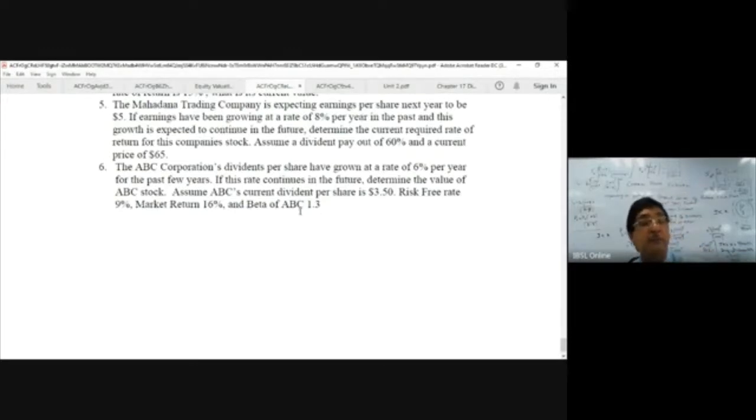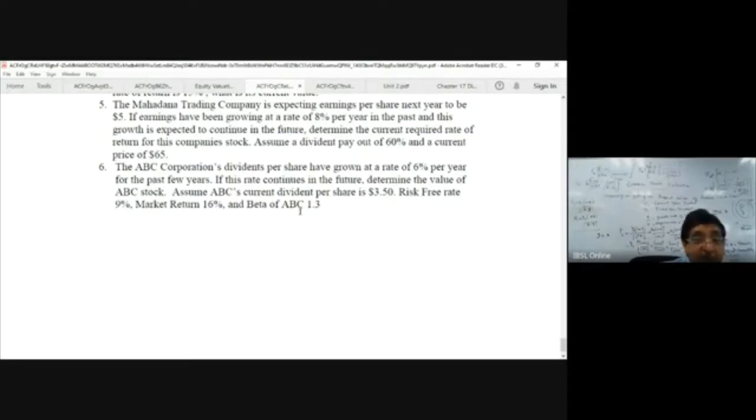Right. Now, how are we going to deal with this question? In order to calculate the stock price using the one-stage dividend model, what do you need? You need the current year's dividend, you need the dividend growth rate, and you need the required rate of return. But in this particular sum, the required rate of return is not given.